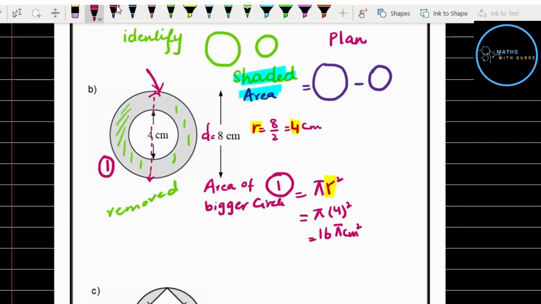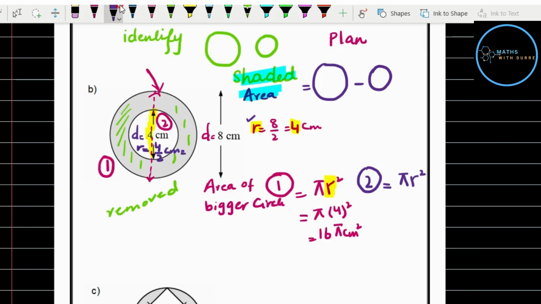Clear? Now area of circle 2. What is the formula? Pi r square. There will be no change. You will just change the value of radius only, right? So go back to the shape number 2. The shape number 2 says what? The diameter is given, that is 4. That is diameter. You need half of this line, so that will be divided by 2.